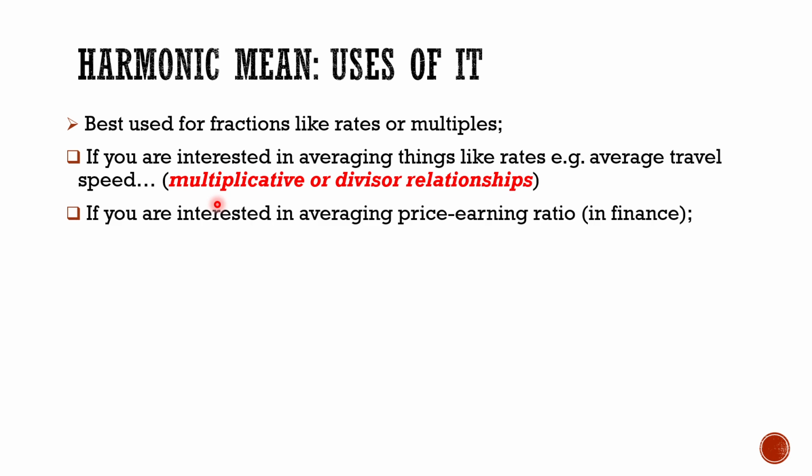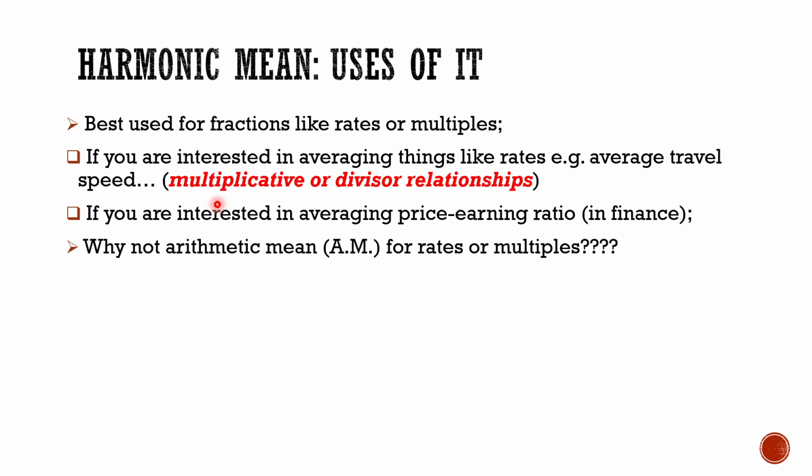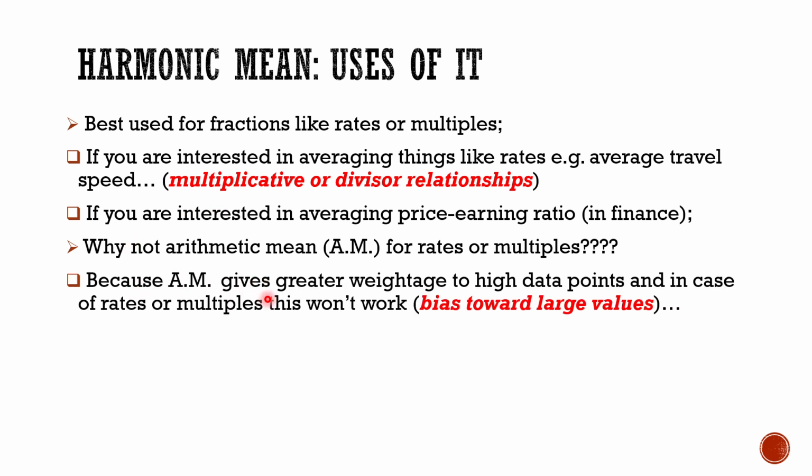Financial studies: if you're interested in averaging price earnings ratios of products or for firms, you should definitely use the harmonic mean. In these examples, or in rates and multiples, why don't we use the arithmetic mean? Because the arithmetic mean gives greater weightage to high data points, and in the case of rates or multiples this will not work, as the arithmetic mean would have a bias toward large values.